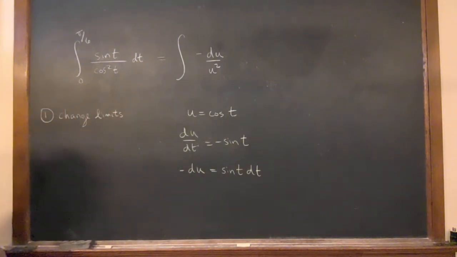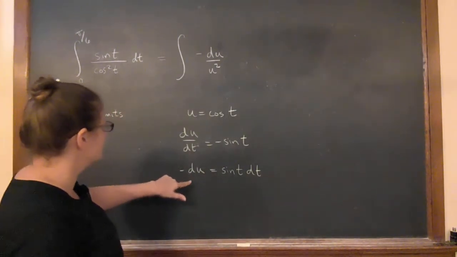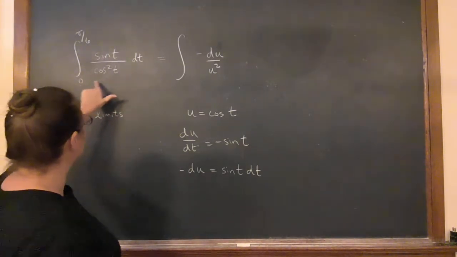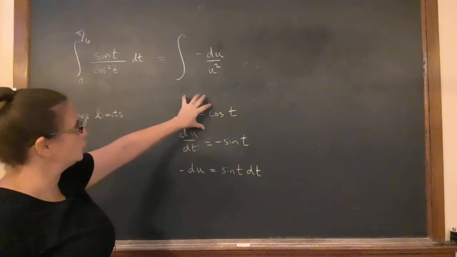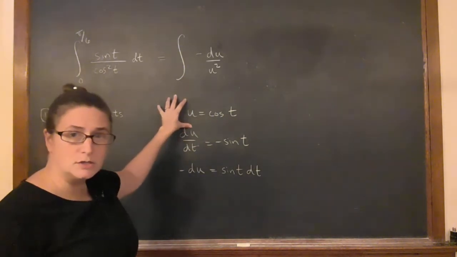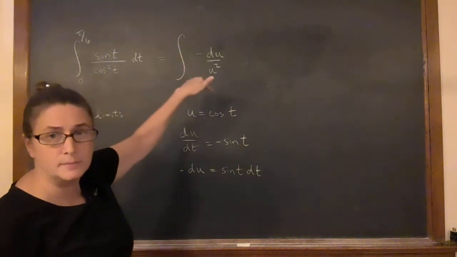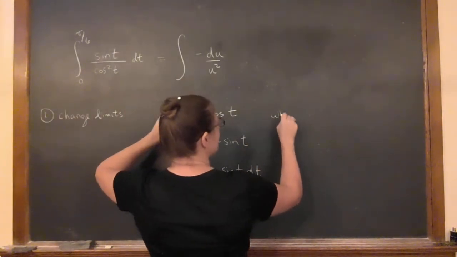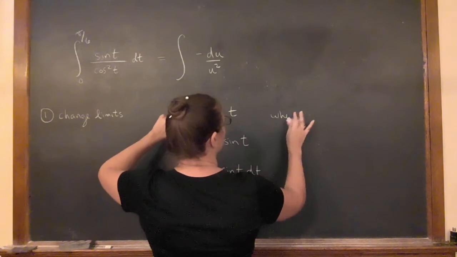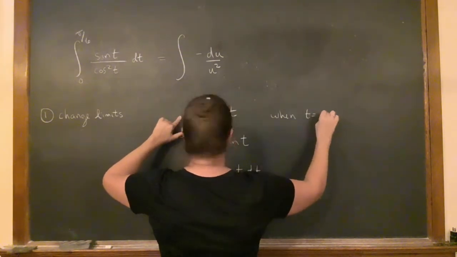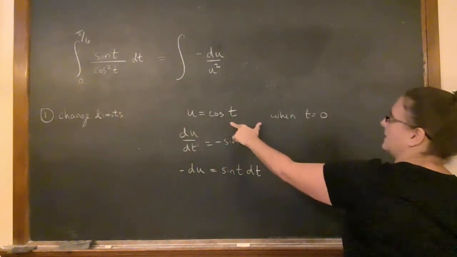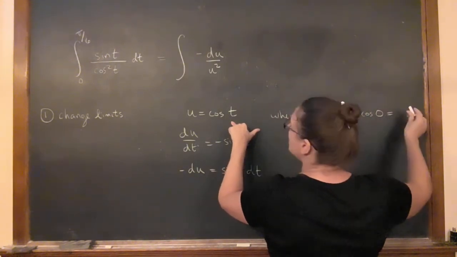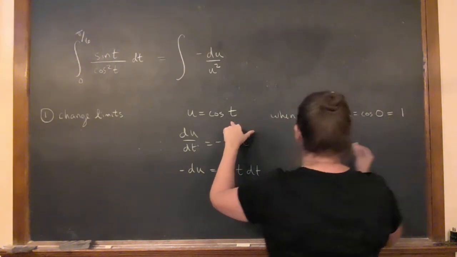Now what about the limits? The limits belong to t, so I have to substitute the limits into my u equation to find out what my new limits are with respect to u. When t equals 0, u equals cosine of 0, which is 1.